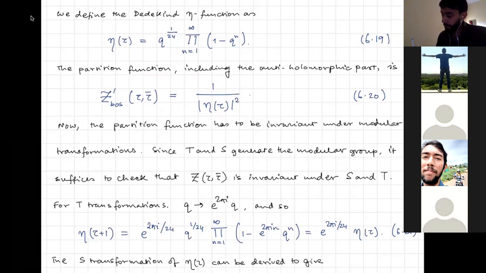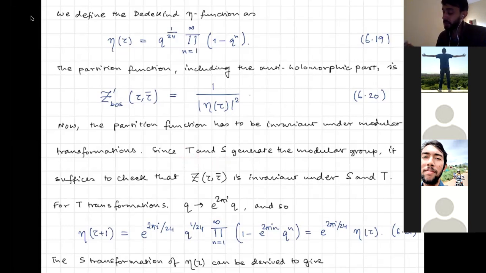Now, the partition function has to actually be invariant under modular transformations. You would have thought by doing this we will get something which holds, right? If you look at the, so just demanding modular invariance can be just brought down to demanding invariance under T and S. Okay.